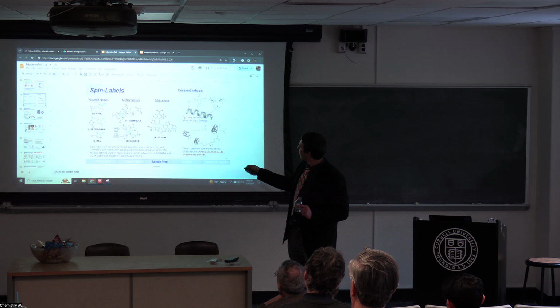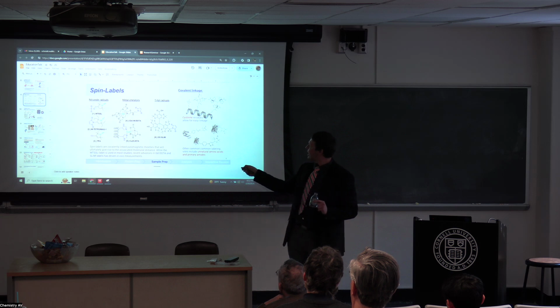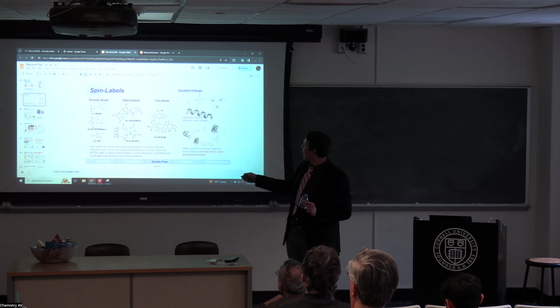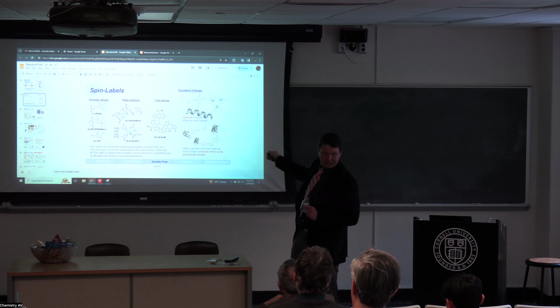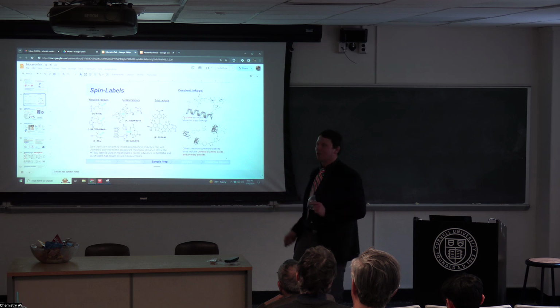What Madhu is asking is, what if instead of a nitroxide label I attach a gadolinium label? One effect is that it's rather big and bulky compared to our nitroxide. So this is a size comparison.